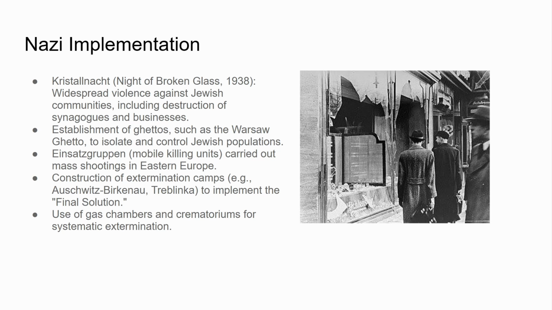The construction of extermination camps, or as we know, work camps, whatever you may want to call them, such as Auschwitz, Birkenau, Treblinka, were used as a final solution deemed necessary by the Nazi Party to eliminate as fast as possible as many undesirables as they could before their inevitable fall.